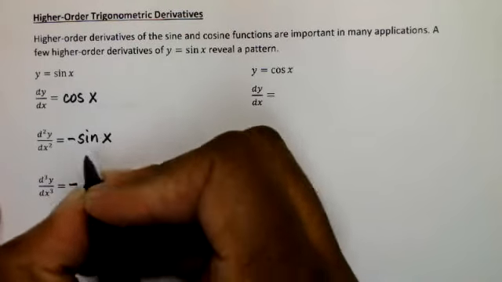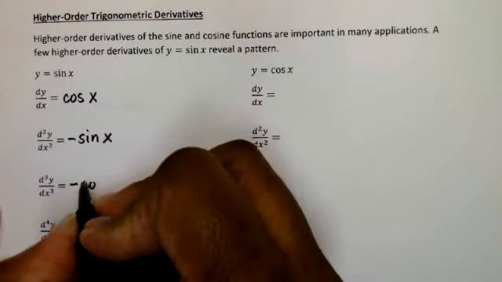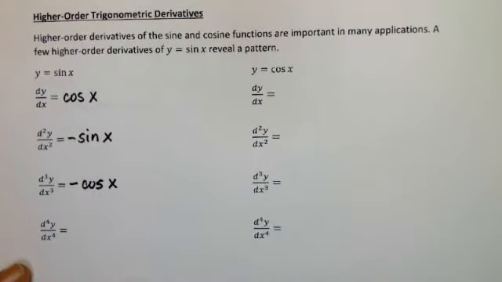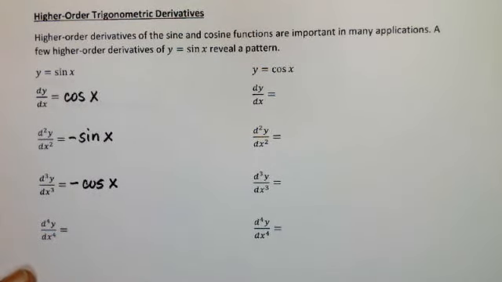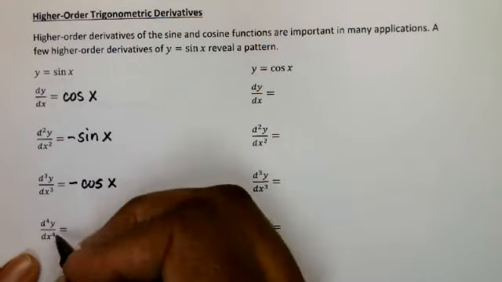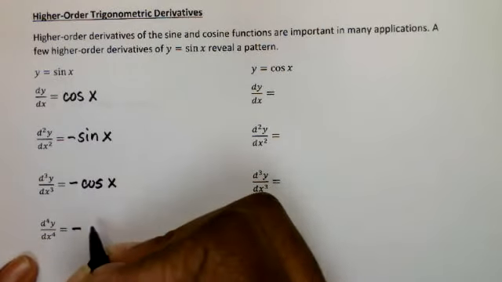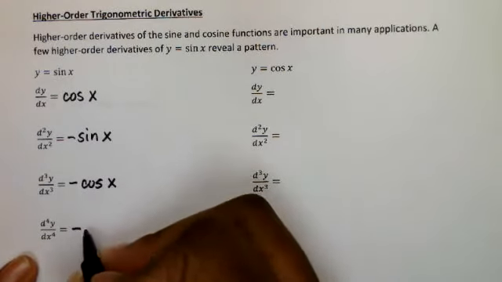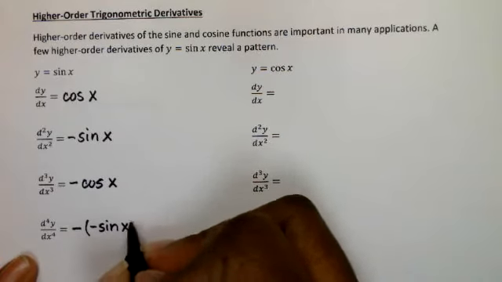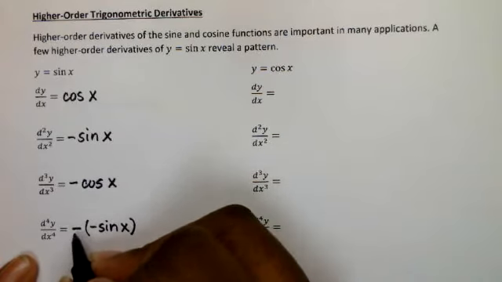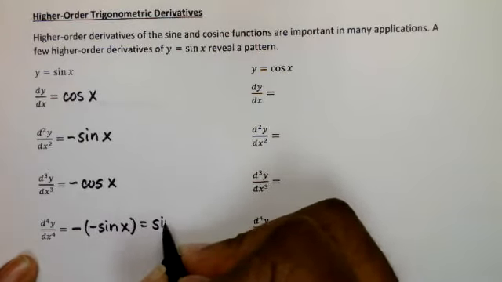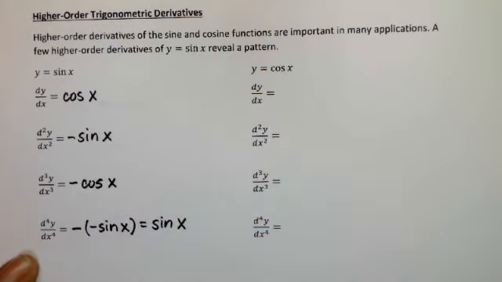The derivative of the sine of x is cosine of x, so the third derivative would be negative cosine of x. And finally, for the fourth derivative, bring that negative sign down. The derivative of cosine of x is negative sine of x. But here, the negative of a negative will be positive. So this will end up being sine of x for the fourth derivative.